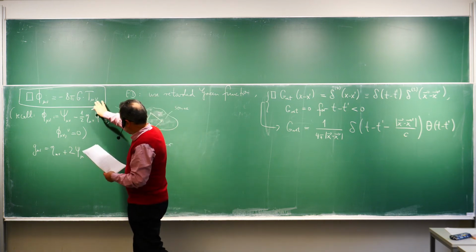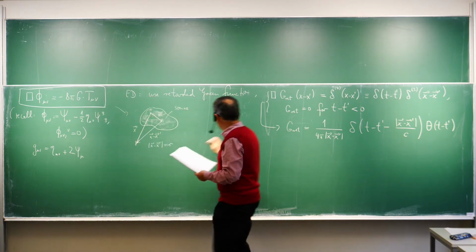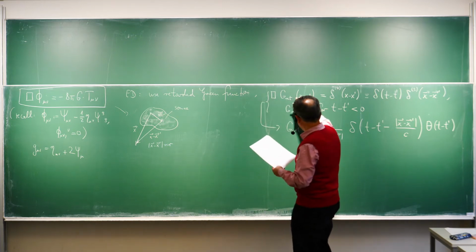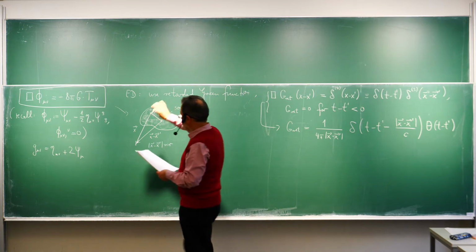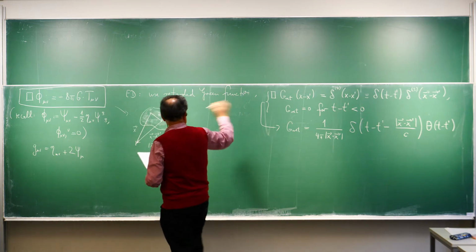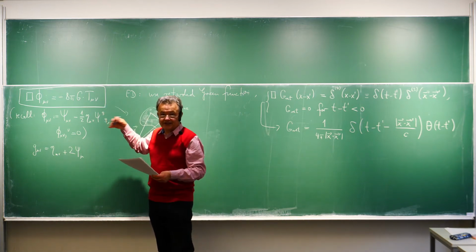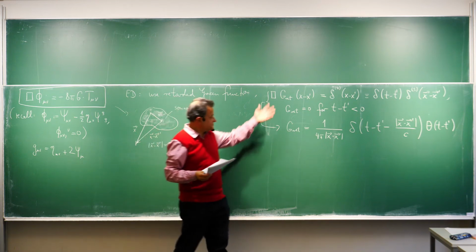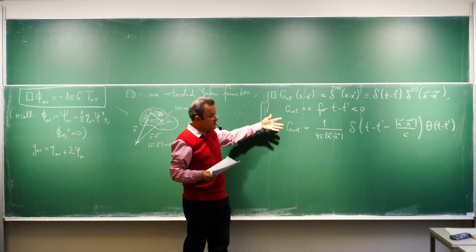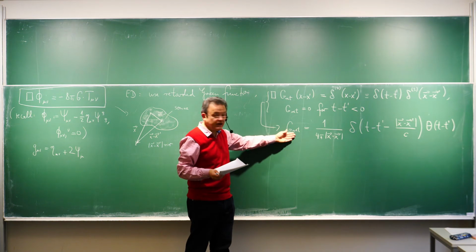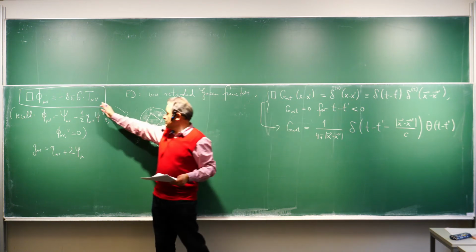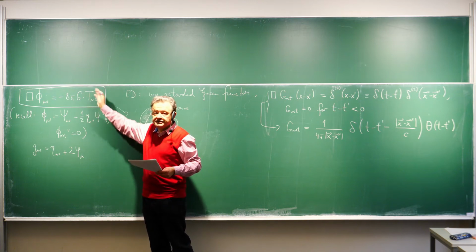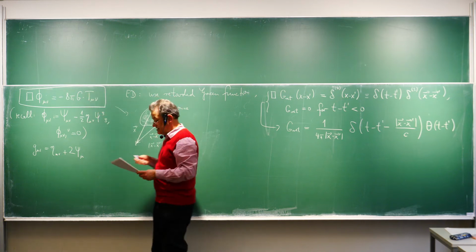The solution of such an inhomogeneous equation, if you have the corresponding Green function ready, is the convolution integral of the Green function with the source. That's the big advantage of this, because once you have this Green function at your disposal, you can write a formal solution of this for any inhomogeneity.